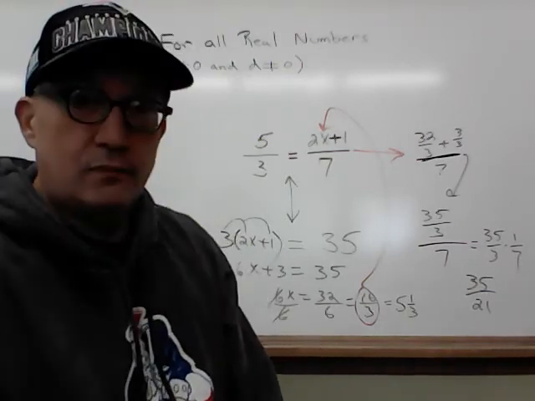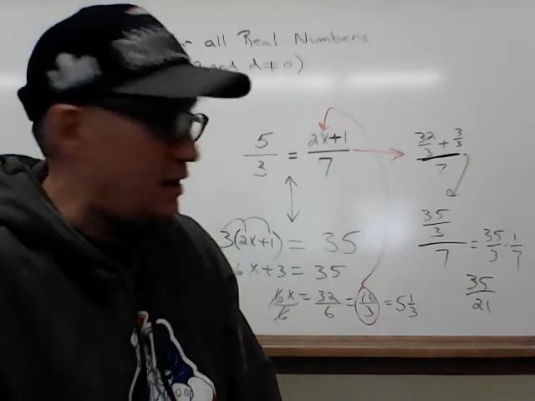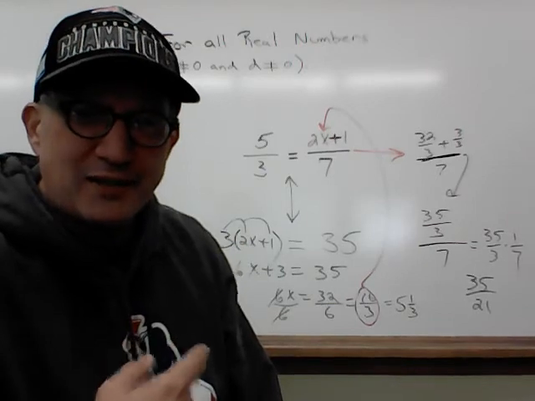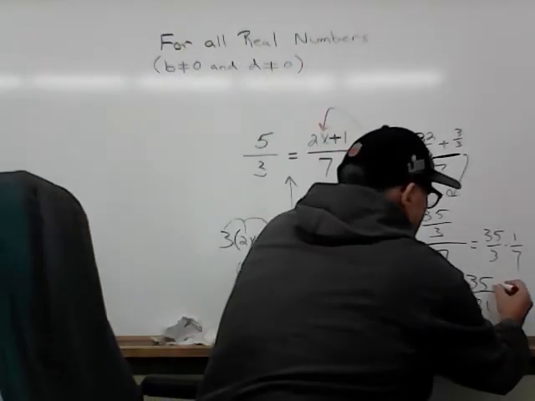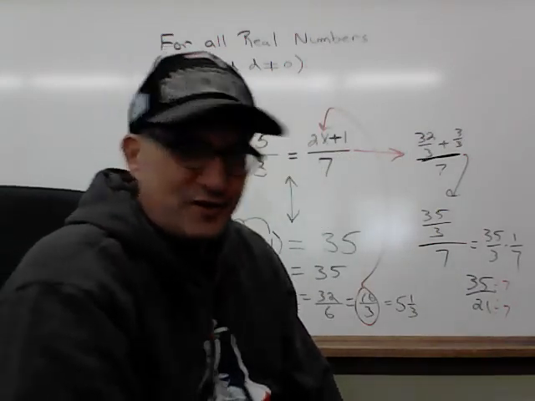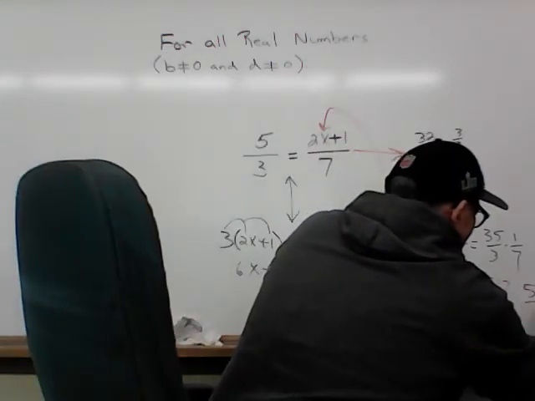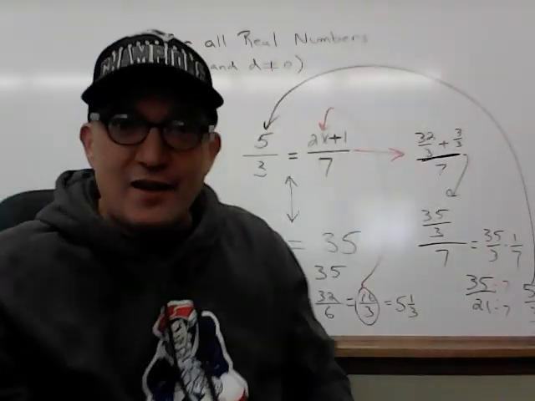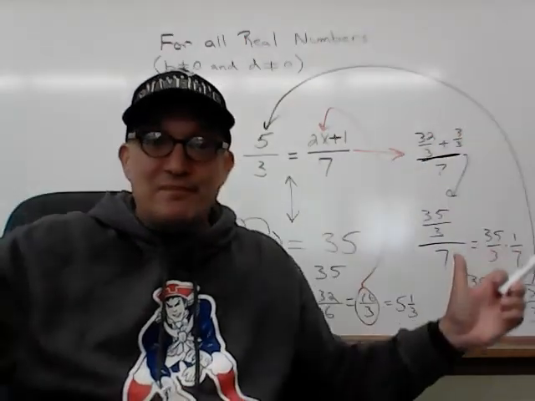Well, do you see what 35 over 21 simplifies to? You can divide the top and bottom there by 7, right? 5/3. Right? Which is right there. Bam! Mic drop. Bye-bye.